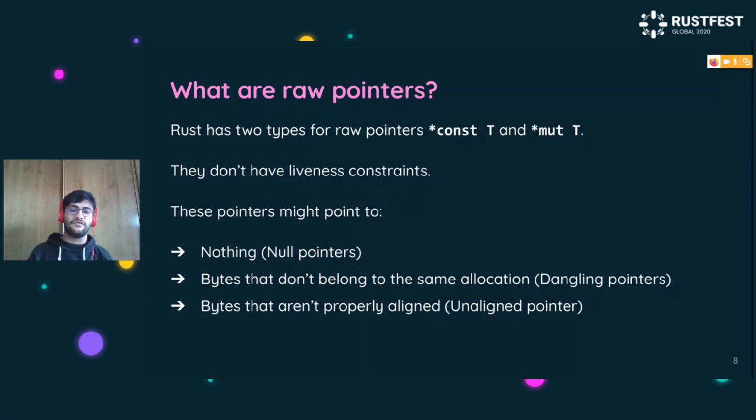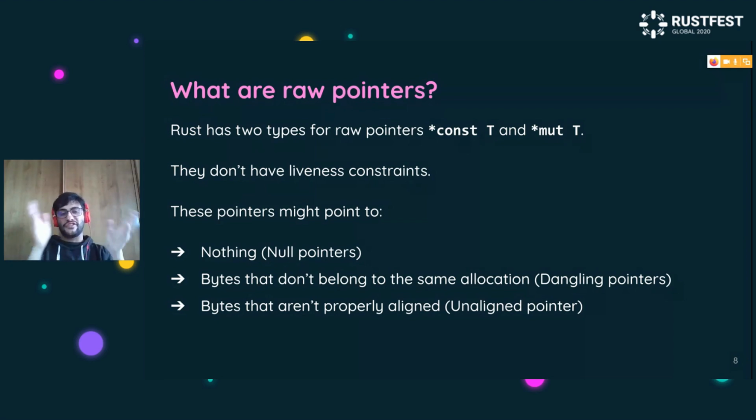You can have null pointers, which are raw pointers that don't point to anything really. They can be dangling. Those are pointers that are pointing to something that doesn't belong to us. So if you are inside a vector and use a raw pointer from inside the vector to access something outside the vector, that's a dangling pointer. Also, you might have a pointer that you offset a bit, but you didn't do it correctly.